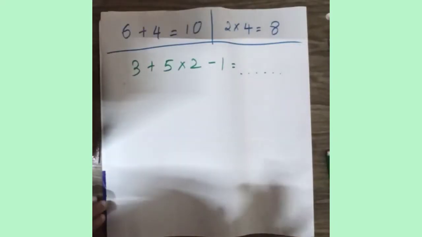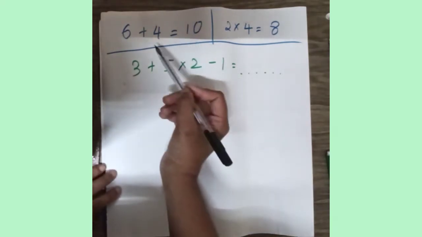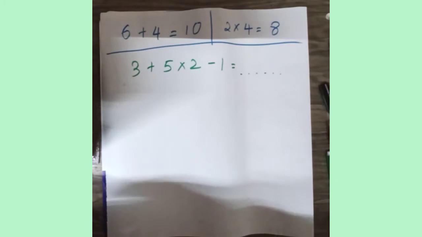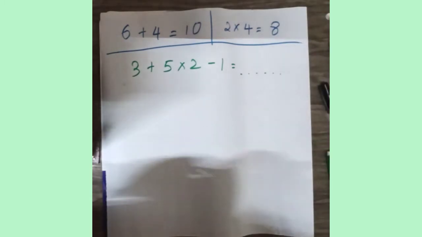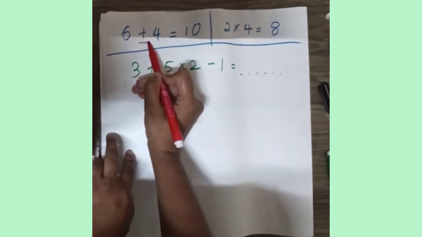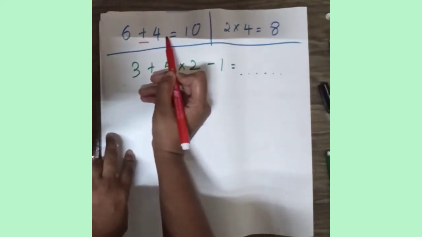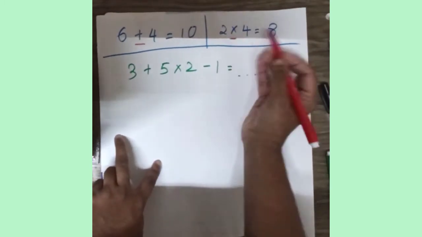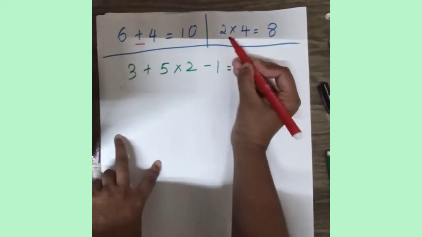So far, you have come across these simple expressions. That means there is only one mathematical operation type in the expression. That means here, of course, only the addition operation we have to do. 6 plus 4 is 10. Here, of course, only multiplication operation. 2 into 4 is 8.